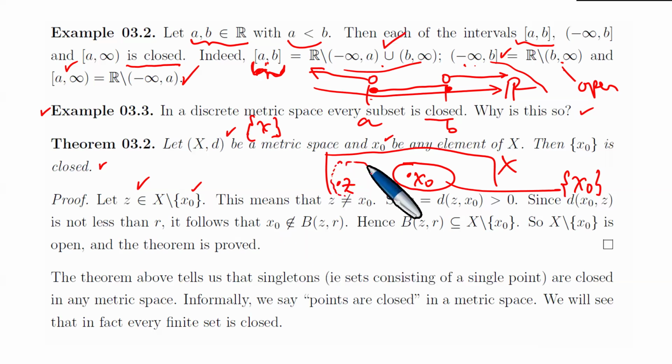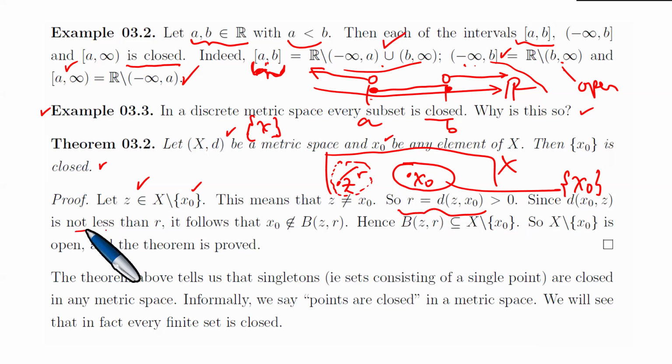Let us look at this. We describe here an open ball of center z and radius r, and this is very important. We took r to be equal to the distance between z and x0, so that r is positive. Since the distance between x0 and z is not less than r, it's actually bigger than r, because they are far away from each other.